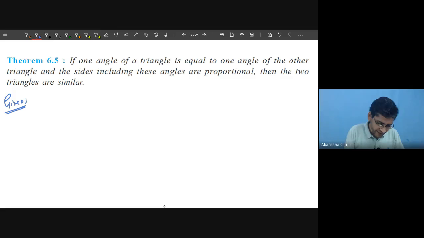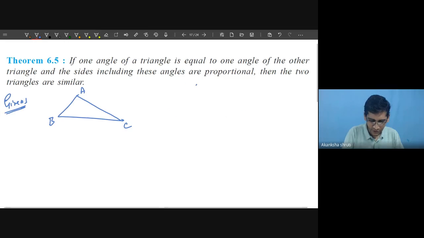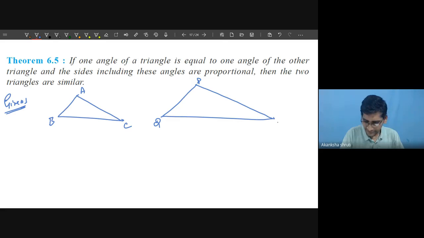If we are considering two triangles, say ABC and another one PQR, this condition is very important, student, because in most questions only two sides' proportionality is given and one angle's equality is given.